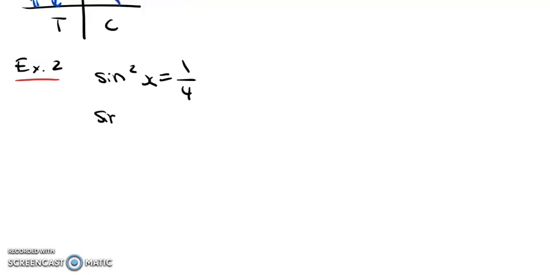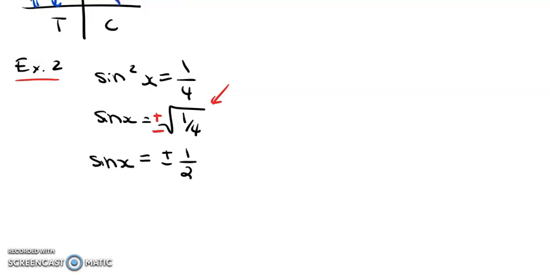So we're going to say sine x is equal to root 1 over 4. However, when we take the square root of something, we want to always write in a plus or minus on the outside because this could be positive or negative. So we'll do that. And if we take the square root of 1 over 4, we get 1/2. So we get plus or minus 1/2 is equal to sine x.